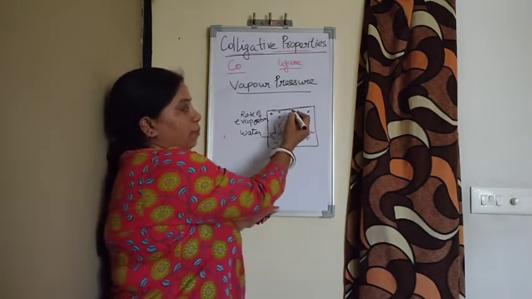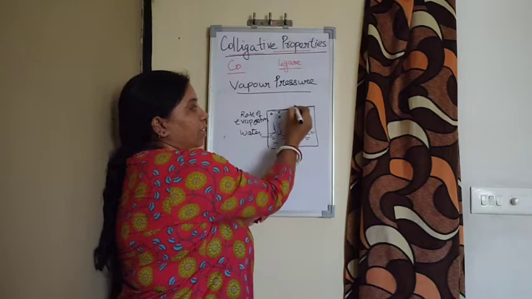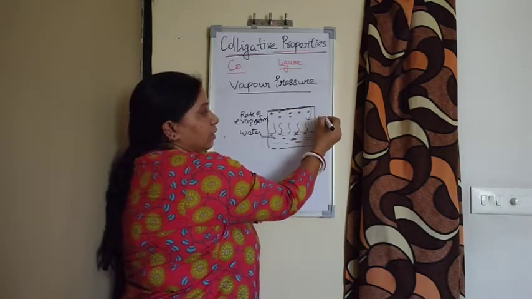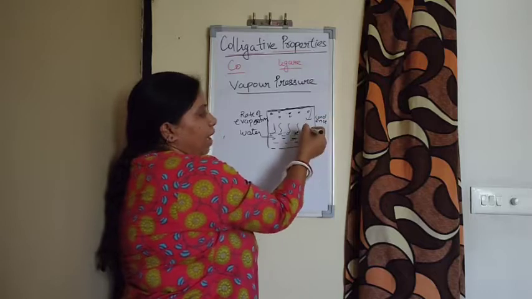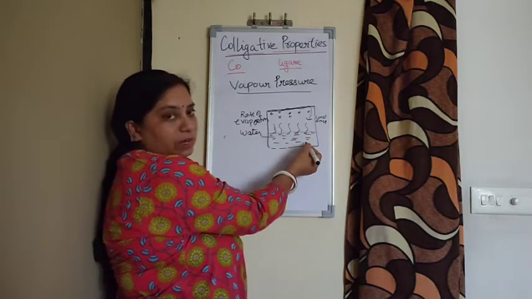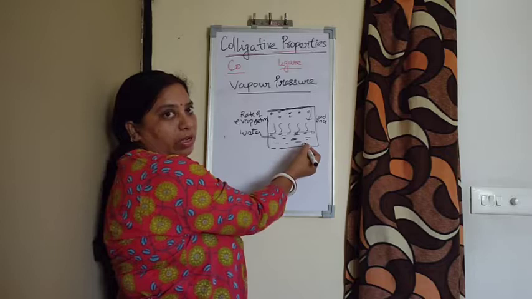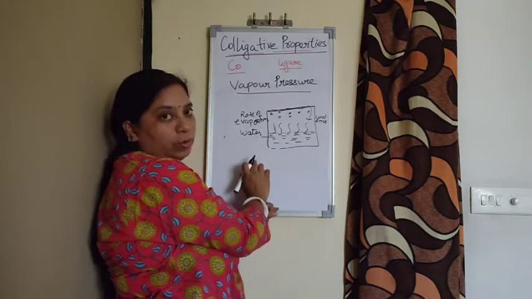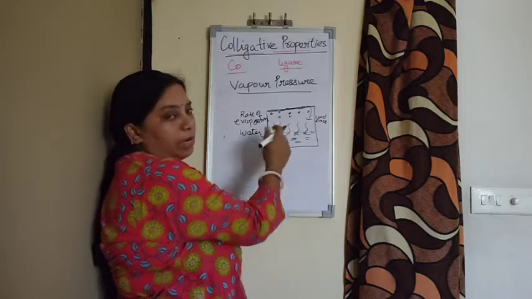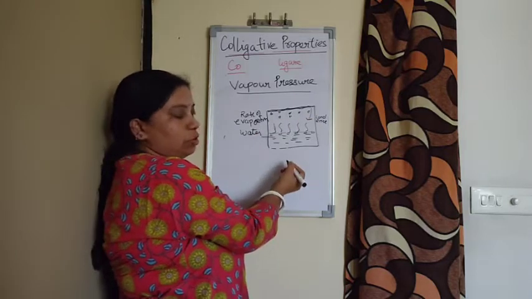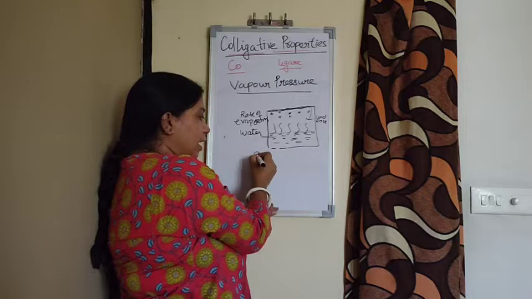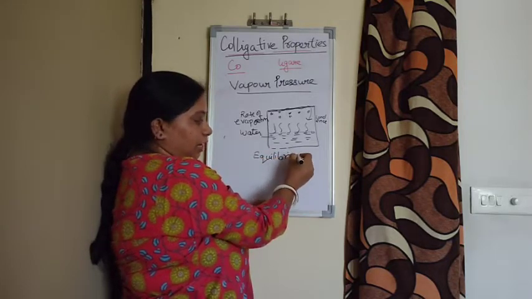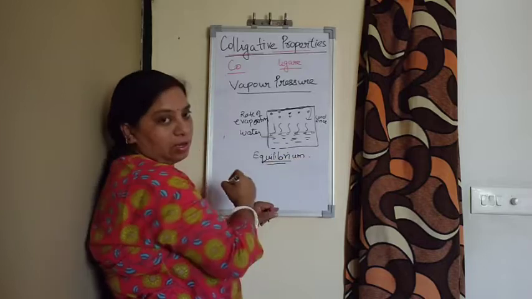After some time these molecules will collide, and after collision some of them will condense and come back to the surface in the form of liquid. Initially the rate of evaporation will be more, and after some time condensation will also start, and a condition will arise which we have studied in the 11th class equilibrium chapter.